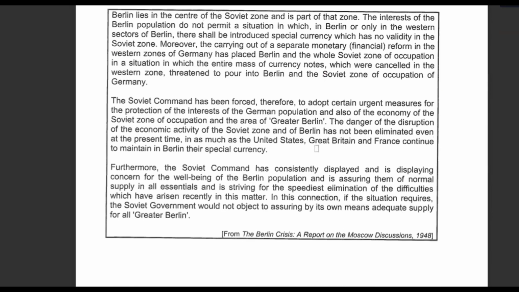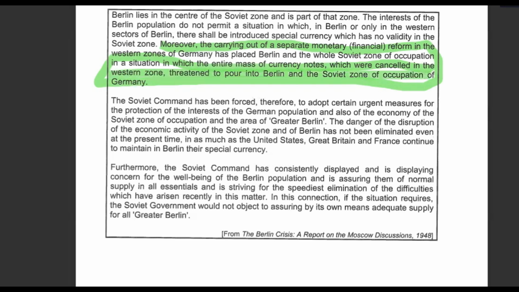It is written in paragraph number 1 that moreover, the carrying out of separate monetary reform in the Western zone has placed the whole Soviet zone of occupation in a situation in which the entire mass of currency notes which were cancelled in the Western zone threatened to pour into Berlin and the Soviet zone of occupation.